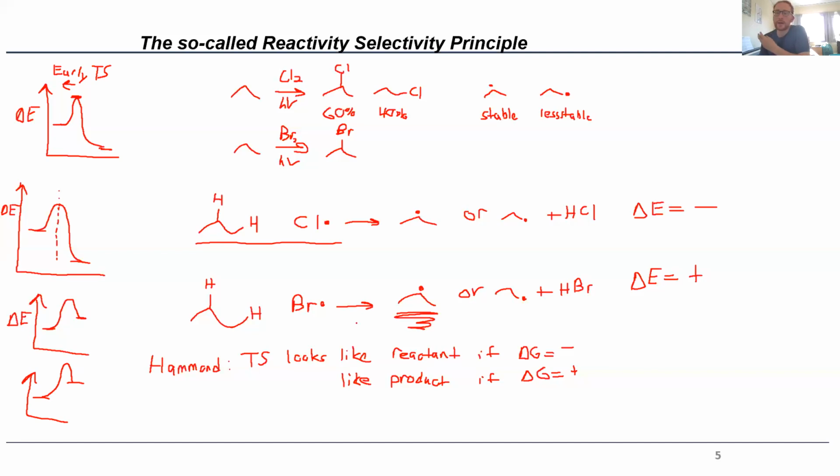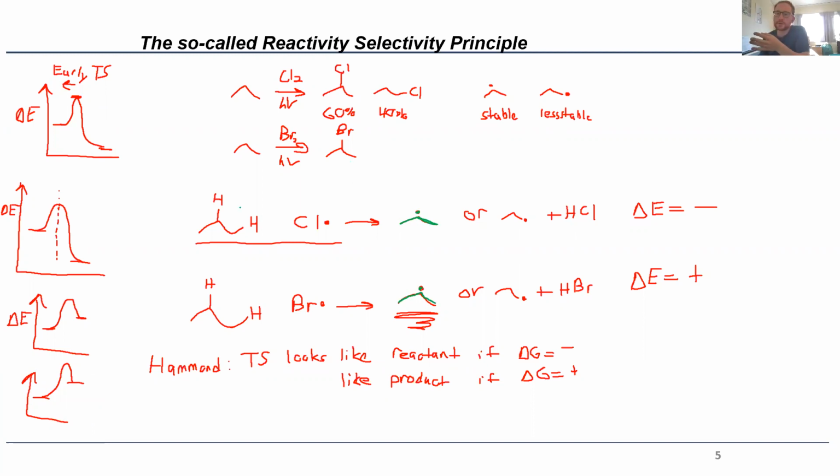And so the transition state energy for the secondary radical is going to be lower than the transition state energy for the primary radical. And so maybe this is more easily shown if you think about there's two transition states, right? One that leads to secondary radical formation and one that leads to primary radical formation. And so I'll change the color of the secondary radical and we'll put it onto our diagrams.